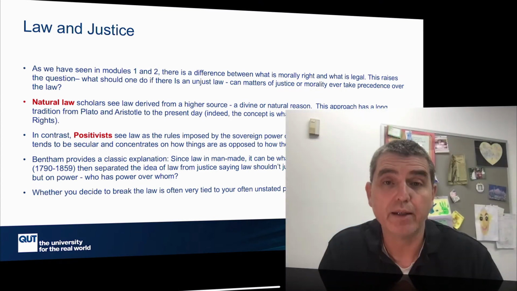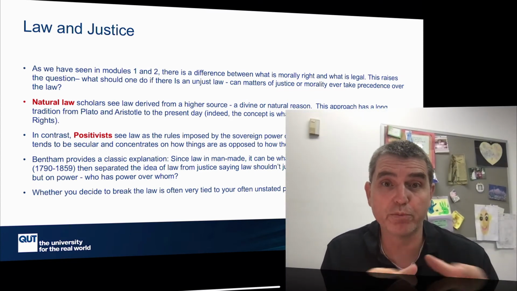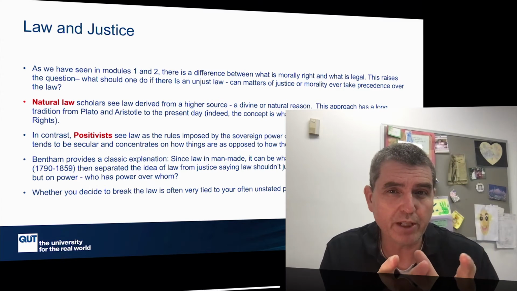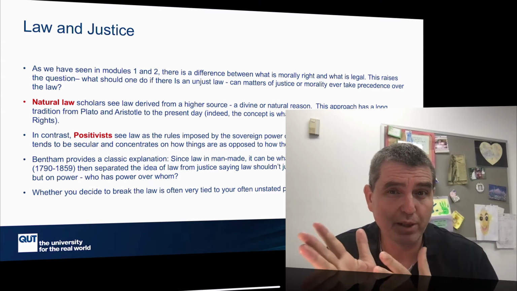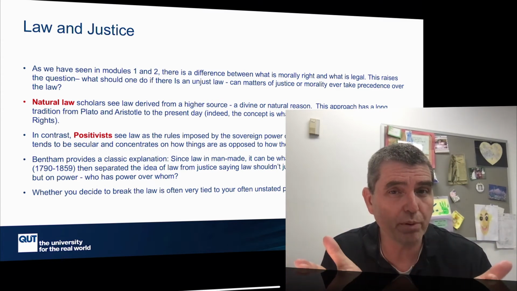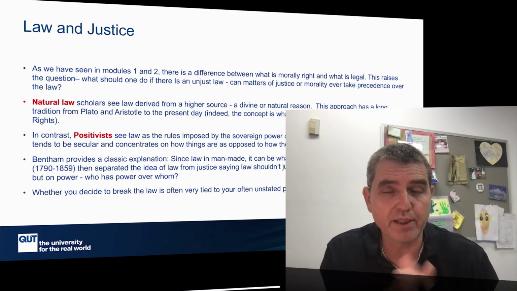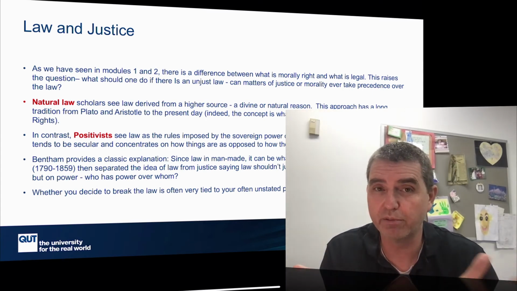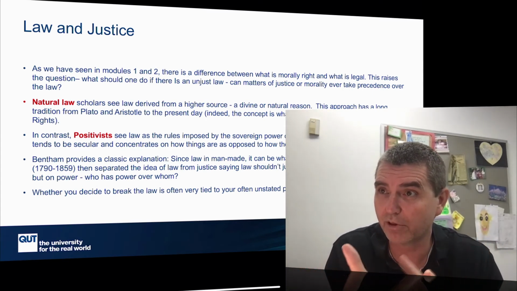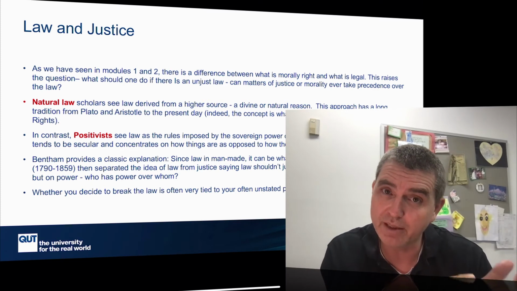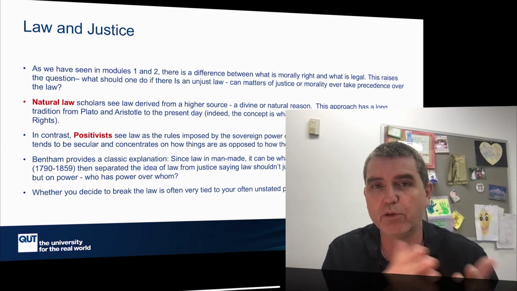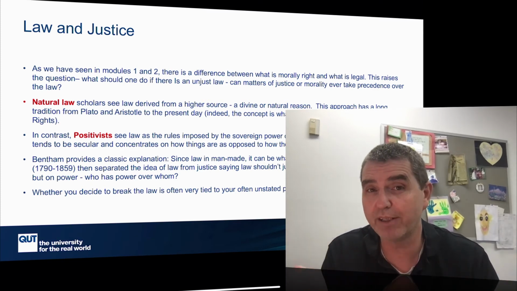You'll remember in the first module that we did, we differentiated ethics from law, and that's an important point. So one of the ways we'll do this in this particular unit is to differentiate law from justice, which has ethical connotations. Hopefully there's a large overlap between what's legal and what is just, but they're not necessarily the same thing.